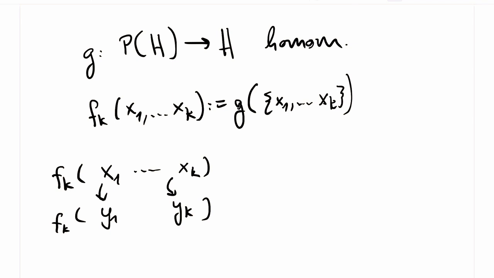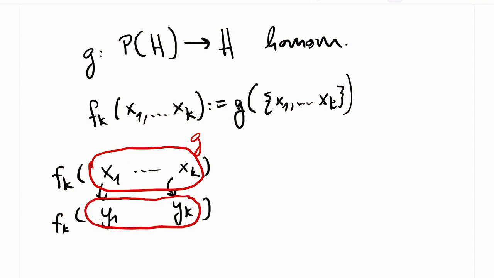What's the definition of fk? We look at the bag of arguments and apply g to this bag. That's the same with the y's. With the y's, we have the set of arguments, and in order to know what fk is, we apply g to the arguments. Now look at these two bags.